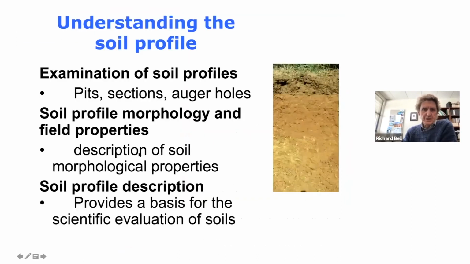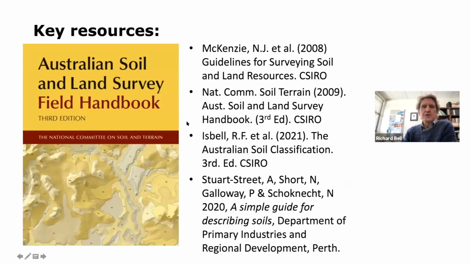Places where you can find more information are listed here. The Yellow Book, the Australian Soil and Land Survey Field Handbook, is really the standard methodology that is recommended in Australia for describing soil profiles, particularly if you're a pedologist and doing soil survey.